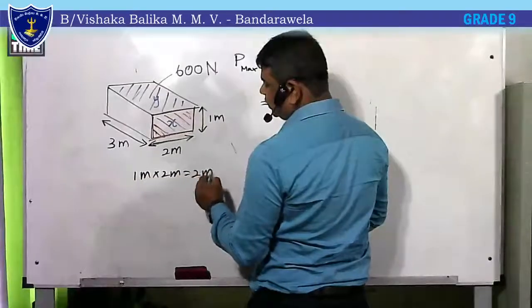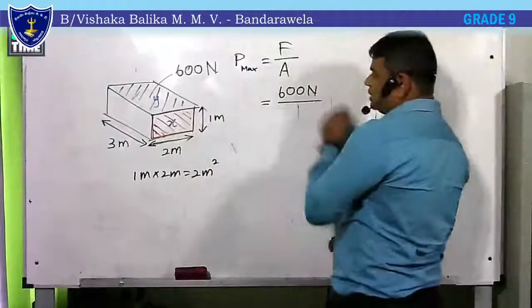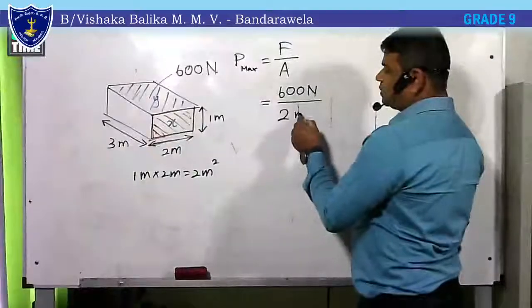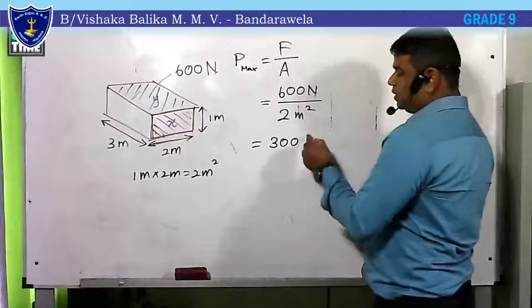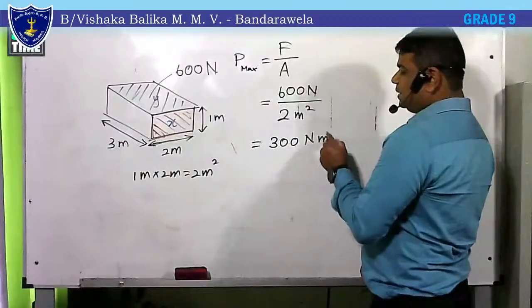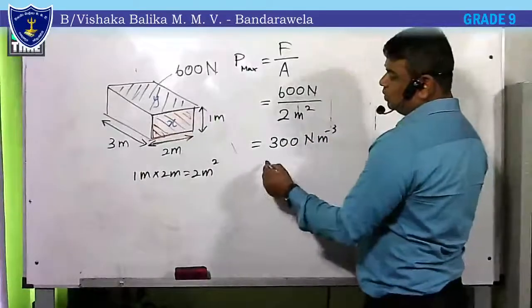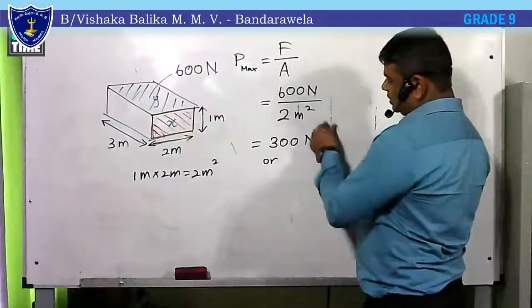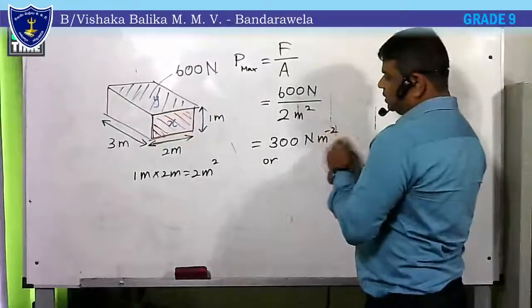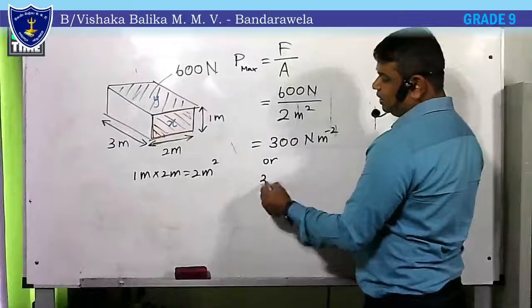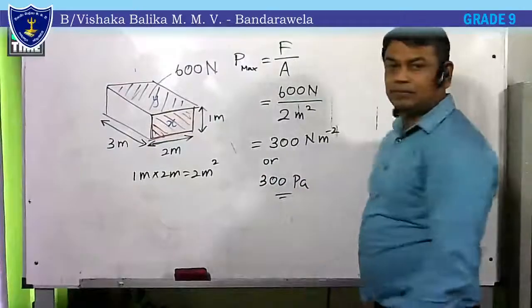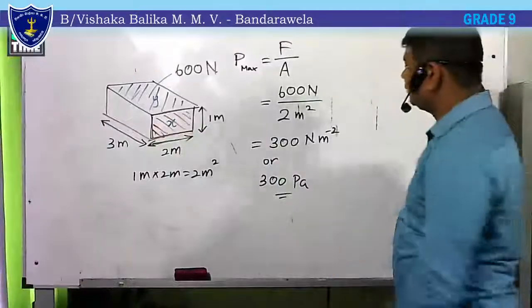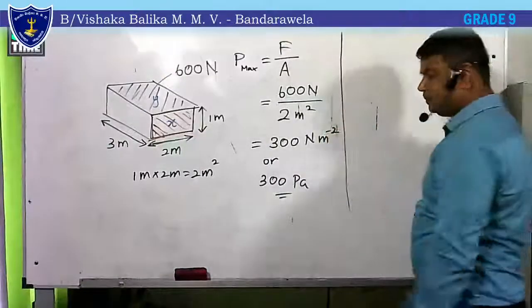It is 2 square meters. So let's divide 600 by 2 square meters. What is the answer? 300 newtons per square meter, or in the same manner you can write it as 300 pascals.